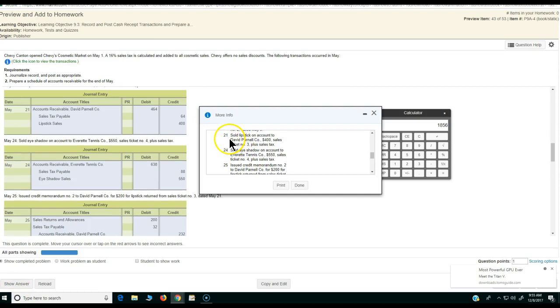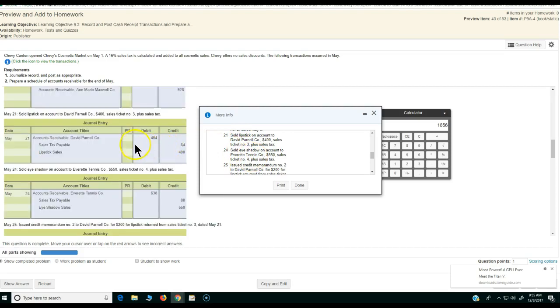Okay, so the next two are credit sales, a lipstick sale and an eyeshadow sale to the two customers, Parnell and Everett Tennis Company. And you can see, without me going into the arithmetic, they are just like the other credit sales where we had to add the sales tax to the $400 in order to get the total receivable.